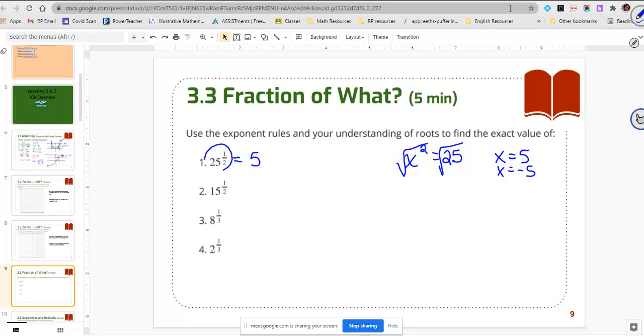That's because 25 to the 1/2 power, the way I can rewrite that, is the square root. It's the half power, or the square root of 25.